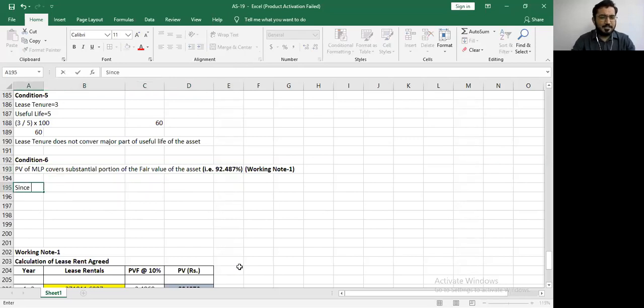Final statement: since the present value of MLP covers substantial portion of the fair value of the asset, the above lease is a finance lease.